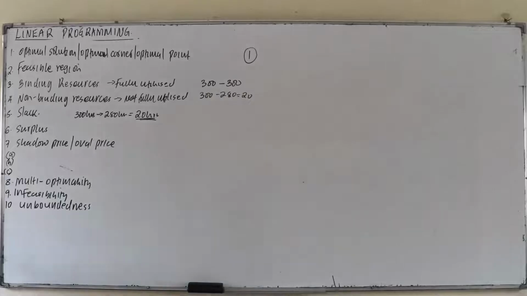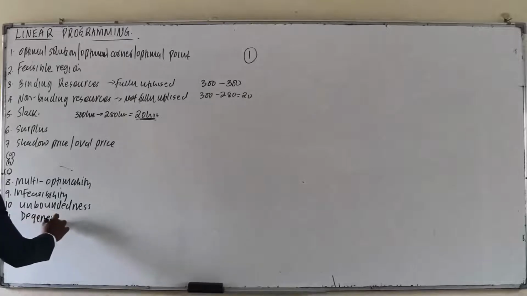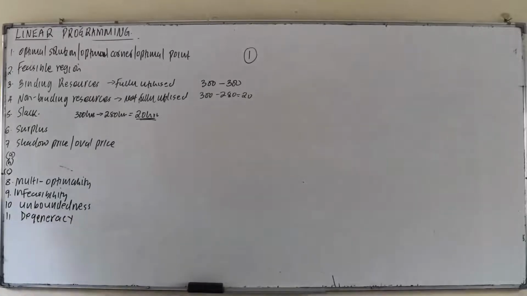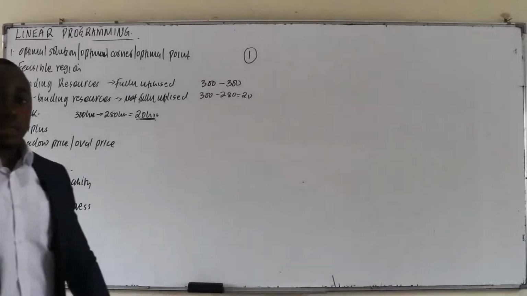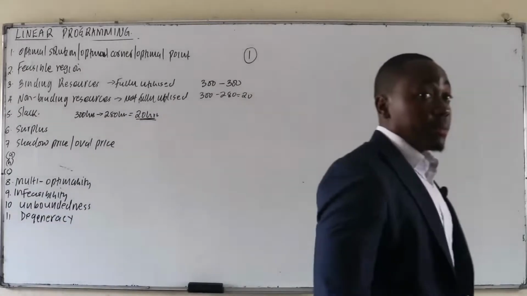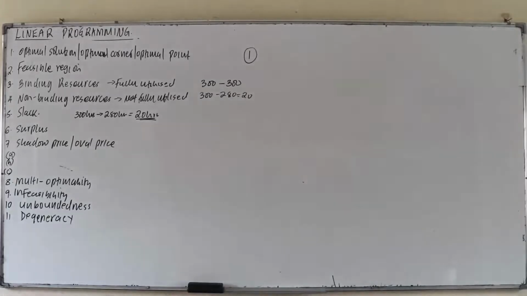Another one, number 11, degeneracy. Now, to degenerate means to disappear. When you say that I am degenerating, you are telling other students that I am disappearing. Right? We say that?